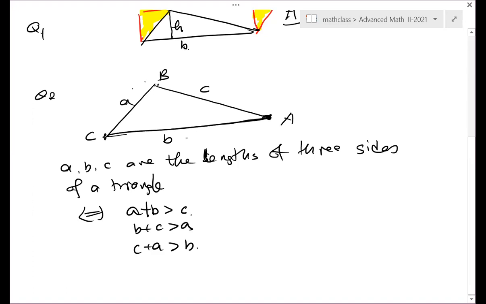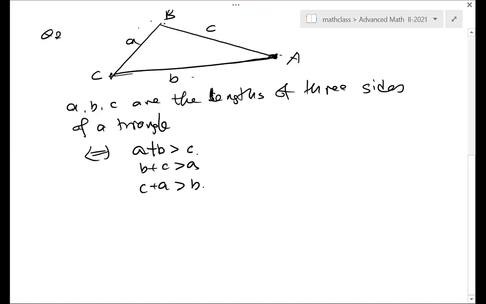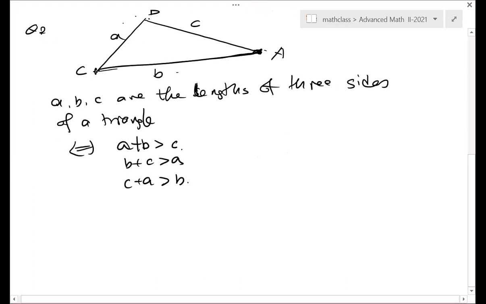If you go to B first, then to A, then it's much longer. That's why B should be less than A plus C. Okay, this is called a triangle. Now, given A, B and C, if they satisfy those three inequalities, then there's a unique triangle such that the edge lengths are A, B, C, respectively.